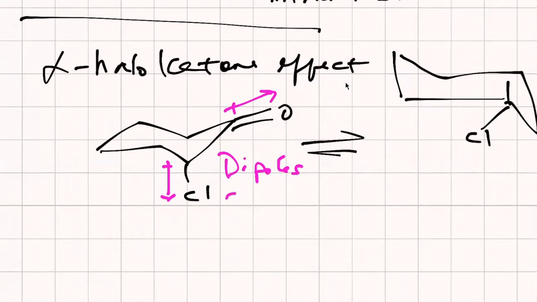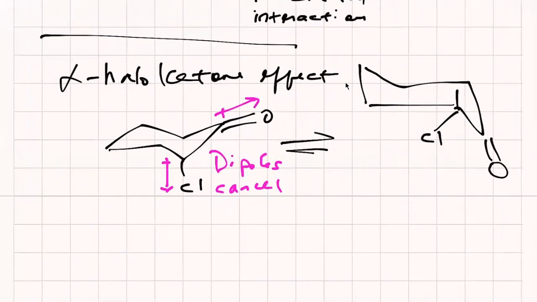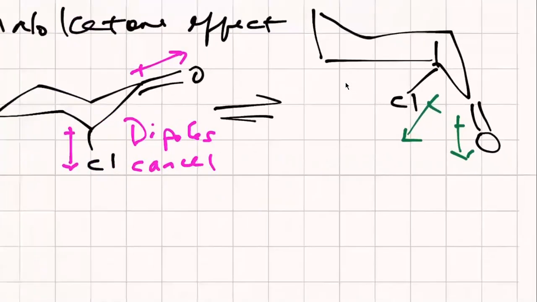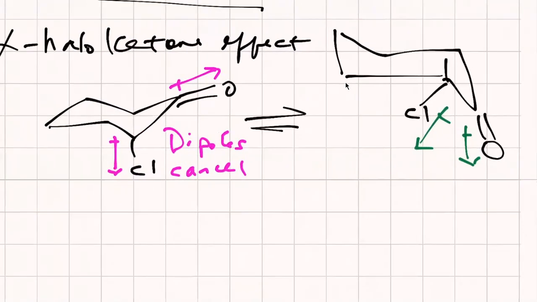If you look at the other isomer, you can see that the dipoles actually are going in the same direction, even though it's kind of difficult to see from the way it's drawn, but they're going in the same general direction. So there's an additive effect for your dipoles.